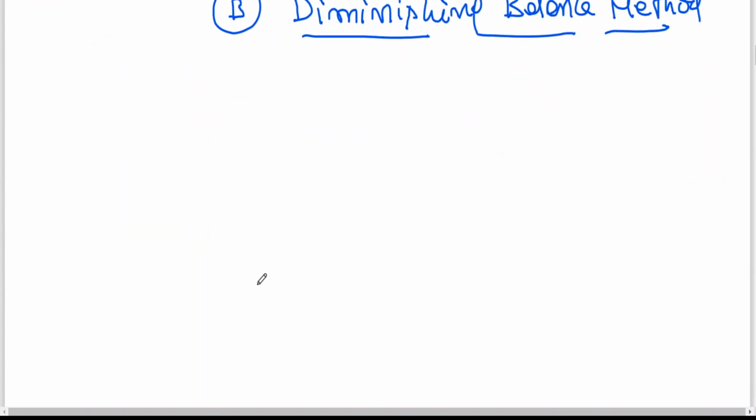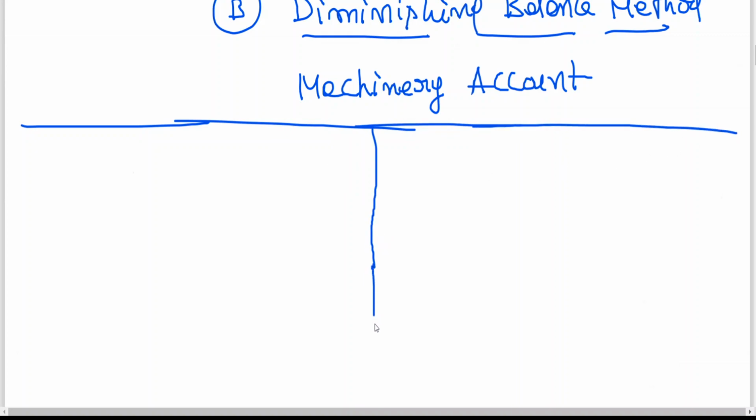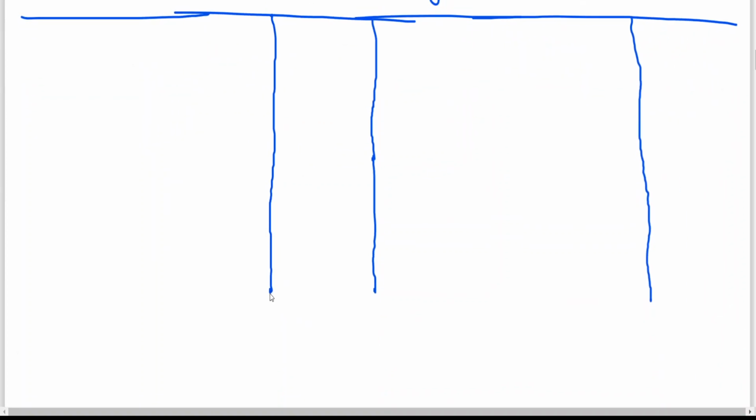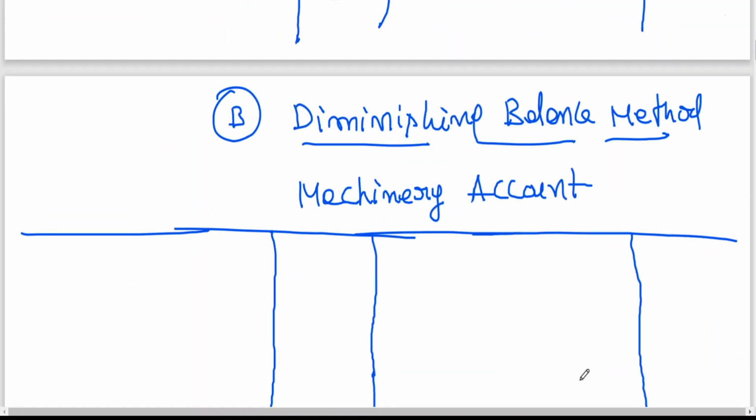Here also we need to open the machinery account.